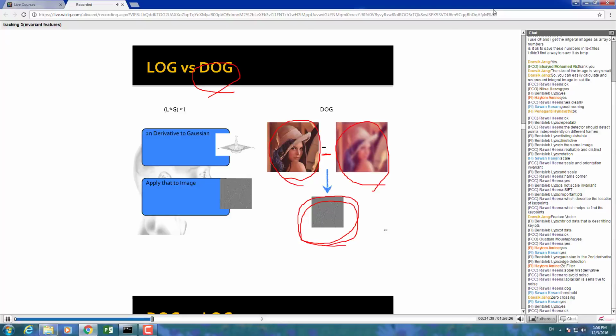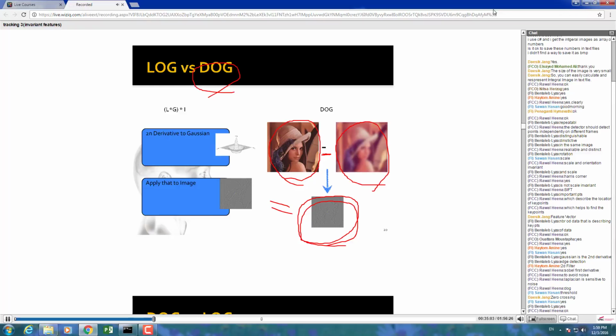This DOG image is very similar to the LOG image. So they finally use DOG instead of the LOG image.